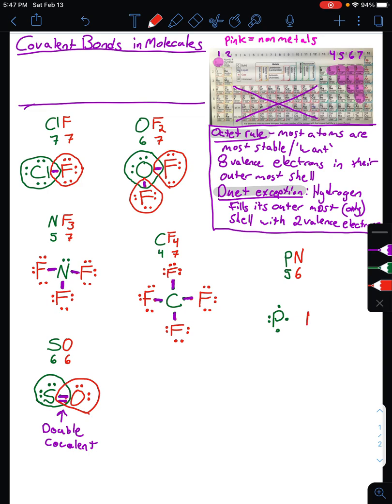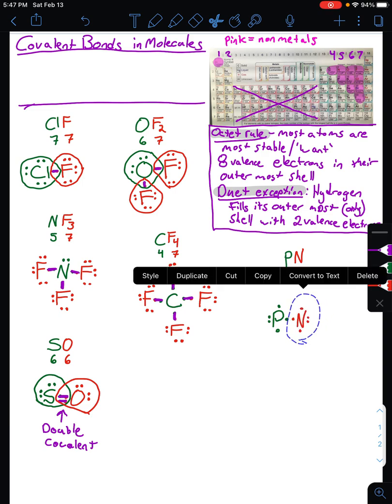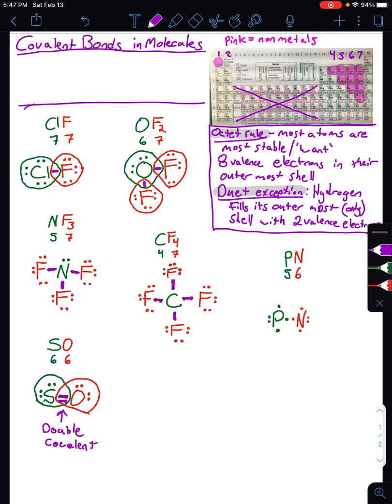We've got nitrogen with 1, 2, 3, 4, 5 valence electrons. If I move this nitrogen in to create a single bond, we're getting closer. Phosphorus has 2, 3, 4, 5, 6. So we went from 5 to 6. I don't know why I said nitrogen has 6 valence electrons. Nitrogen is right here and has 5.